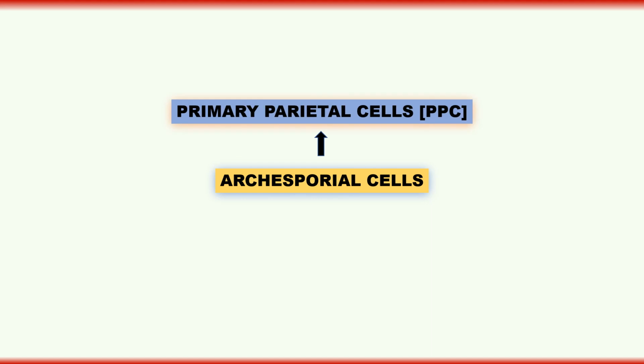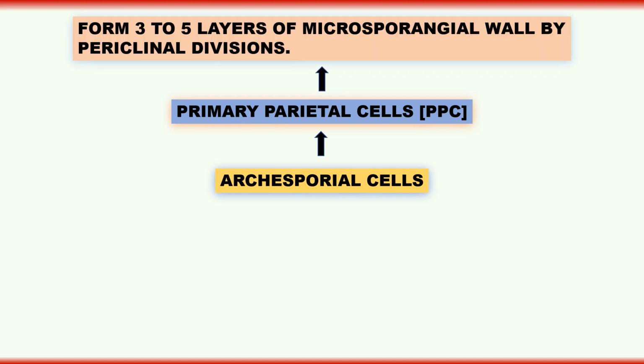Archisporial cells, when they undergo periclinal division, form primary parietal cells outside, which are further divided to form 3 to 5 layers of microsporangial walls. They are endothecium, 2 to 3 middle layers, and tapetum.